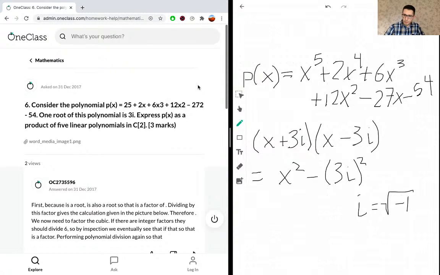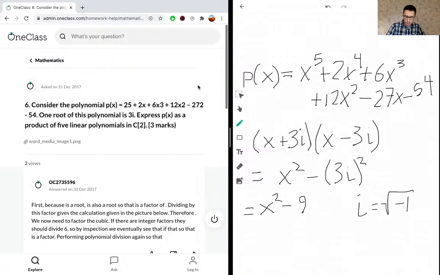So knowing this information, we can square the 3, which will give us 9, and we can also square the i. So the square of the square root of -1 will just give us -1. So here we can say x squared minus 9, so 3 squared, times i squared, which is just -1.